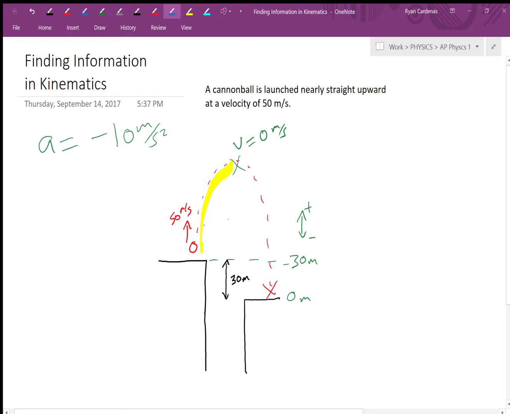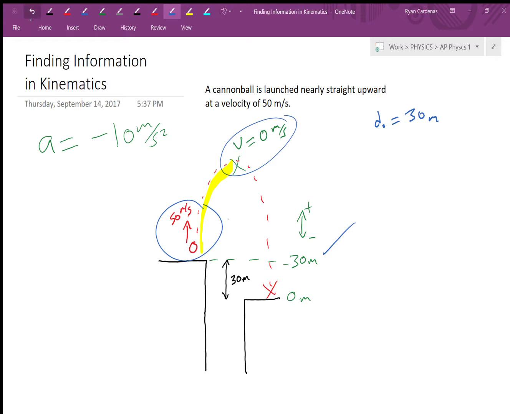If I say that right over here is the start and right here is the finish, then that means that I've got a D initial of, it looks like I'm at 30 meters according to my diagram. And my V initial, according to my picture, is 50 meters per second.